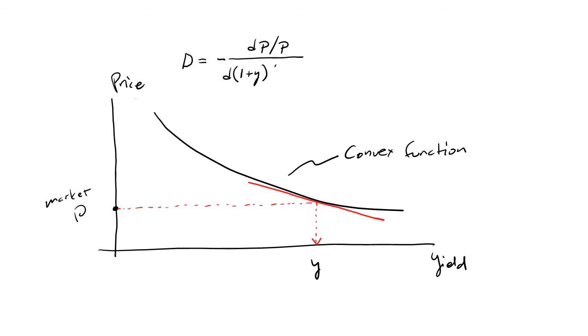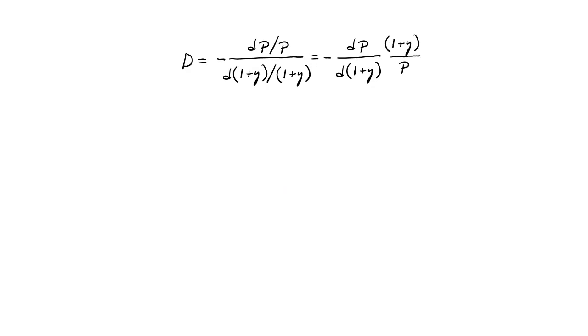The Macaulay duration is defined as the percentage change in price over the percentage change in 1 plus yield, which can be regarded as the differentiation of price with respect to 1 plus y, then divided by price and multiplied by 1 plus y.